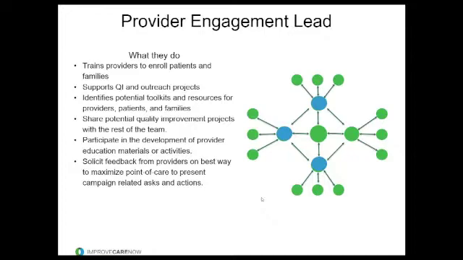They would share or help develop quality improvement projects with the rest of the team, and then participate in development of materials or activities to let the clinical team know what the patient and parent group is doing. And also get feedback from the clinical staff on areas where they may need help from patients and their families.